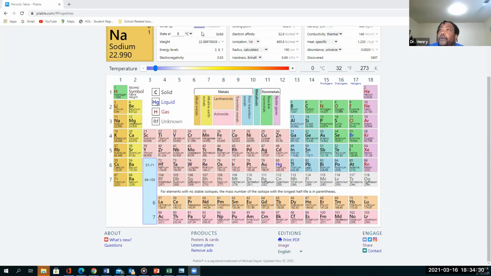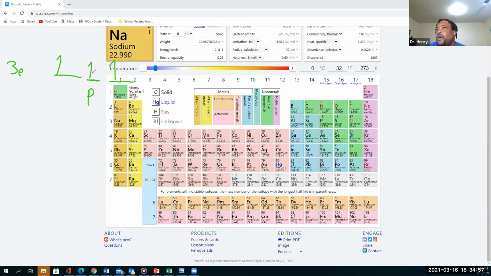Let me show you. Hund's rule basically says that when we're putting electrons in, and we didn't really get into the diagrams too much, let's say we have 3 electrons to put into the p orbital.